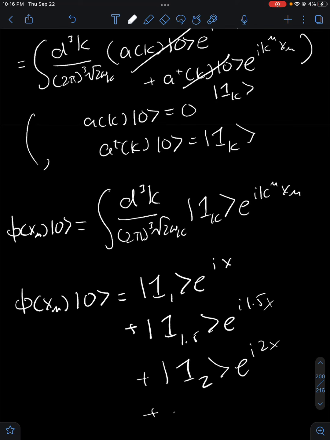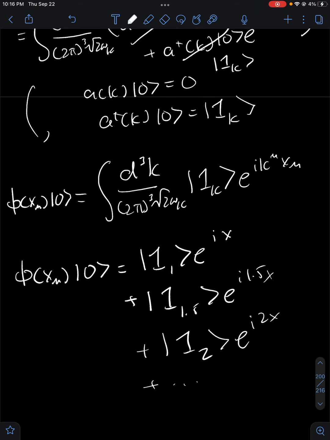We're basically summing over all possible momentum eigenstates, and the momentum is continuous, so it's a continuous sum. And then at the end, we scale by 1 over the square root of (2 pi)^3 times 2 omega k.